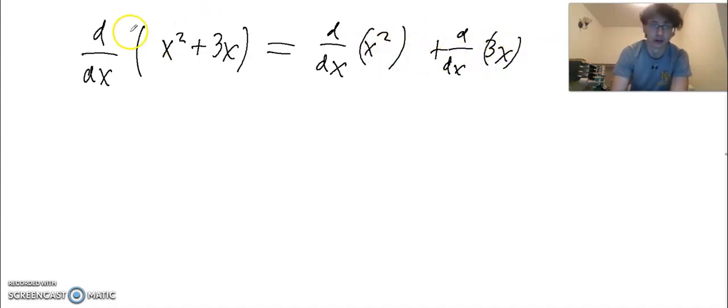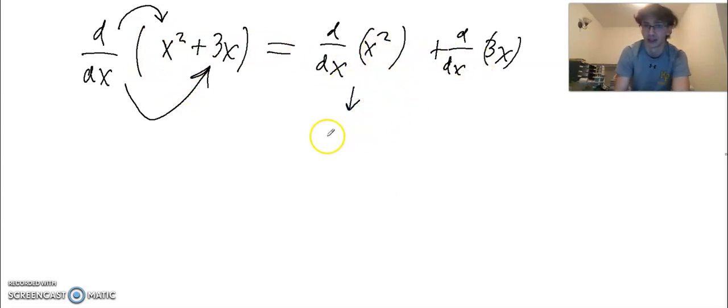Kind of just the distributive rule. This is like a function, so we can just distribute it inside the parentheses and just take the derivatives separately, then add them together. So we get 2x plus 3.